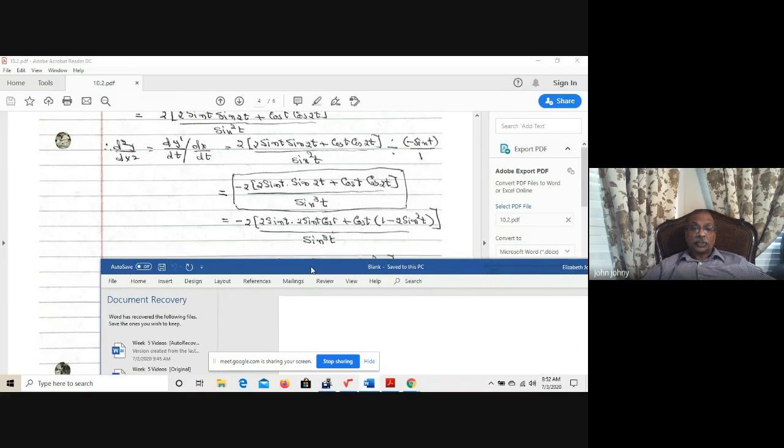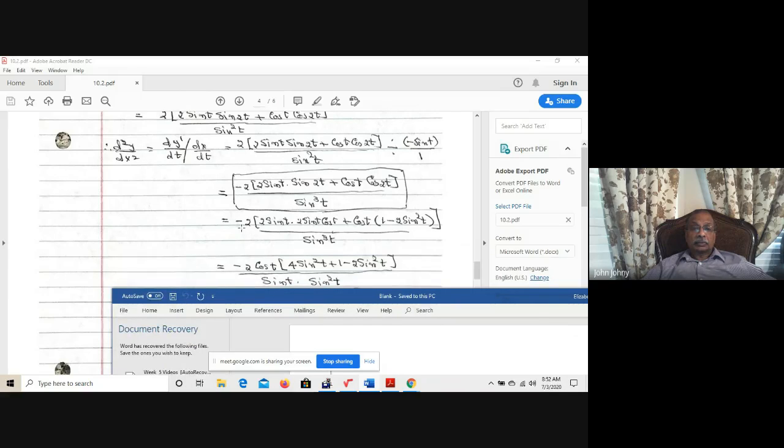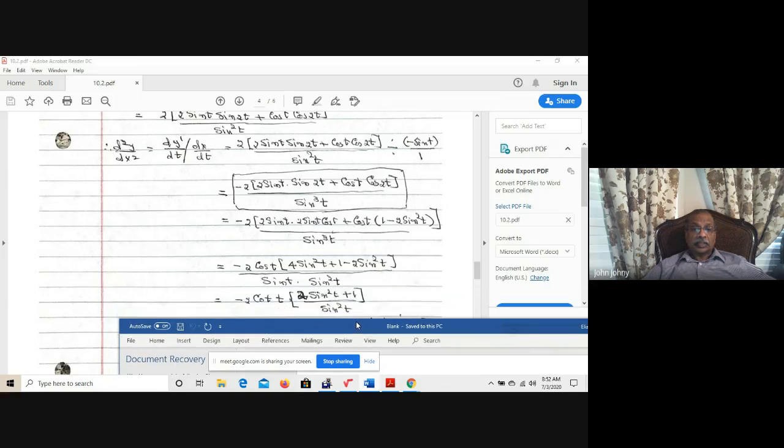And so this is equal to minus 2, cos t is a common factor here, cos t times (4 sine squared t plus 1 minus 2 sine squared t), and combining like terms, this is negative 2 cotangent t, and here the numerator is 2 sine squared t plus 1 divided by sine squared t.